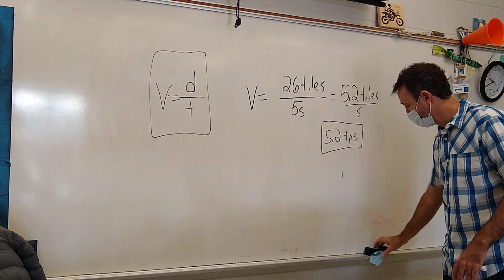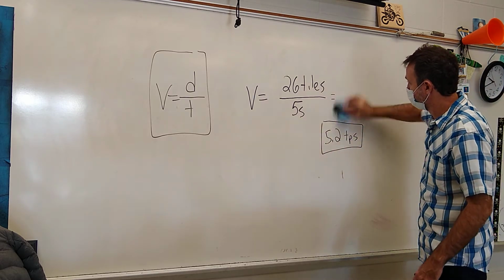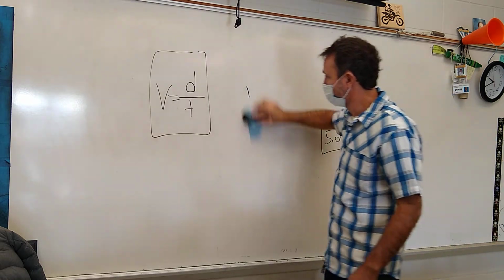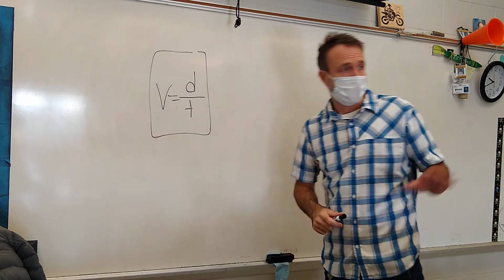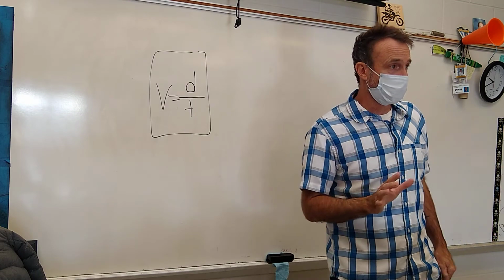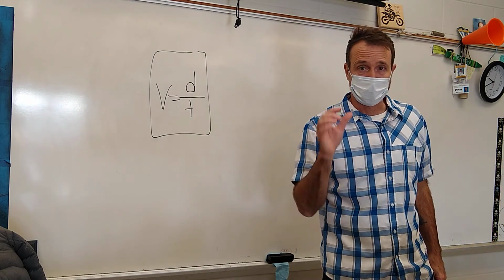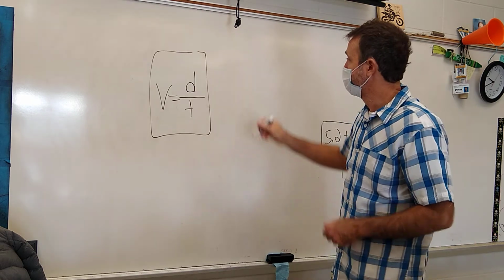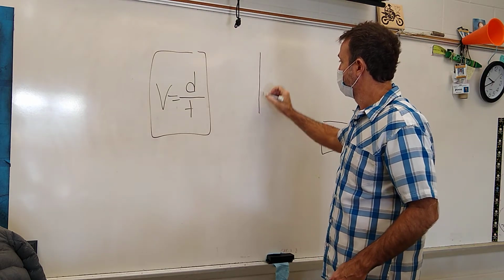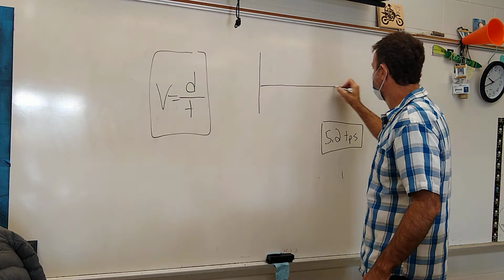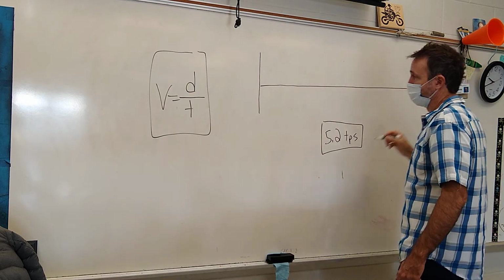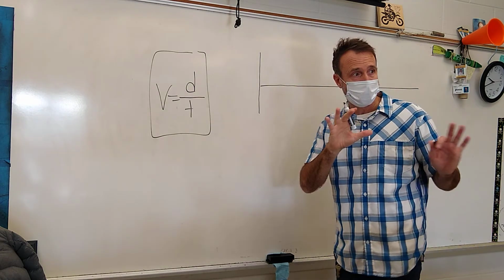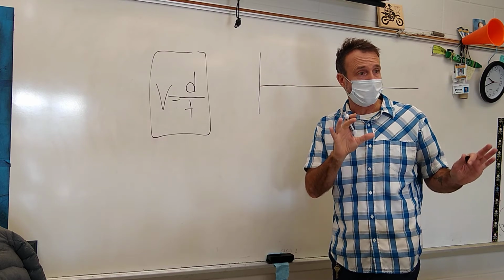Now, here's what we can very easily do. We're going to make a particle diagram, which means we're just going to use a dot to represent the car. Here is our start line. And we're going to make lines to represent every tile.